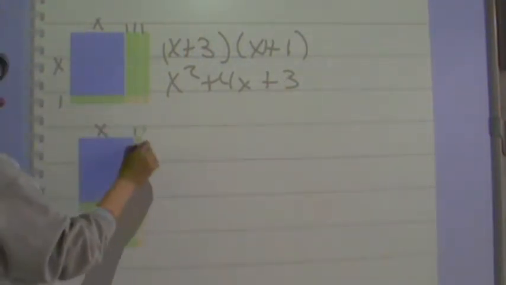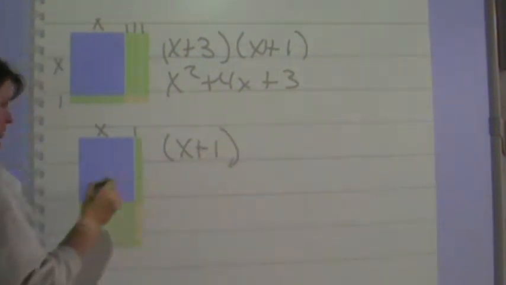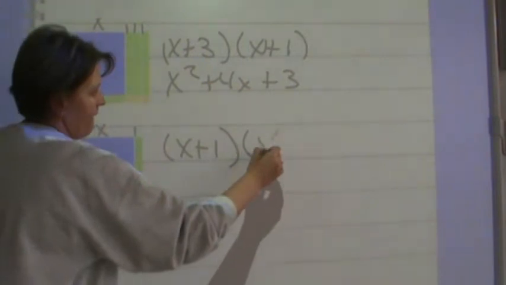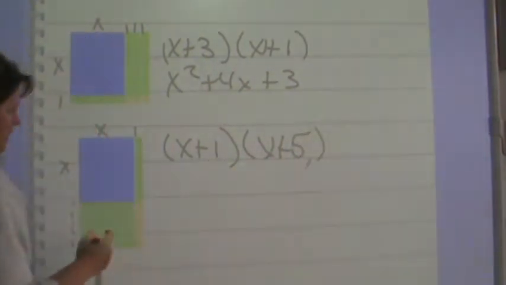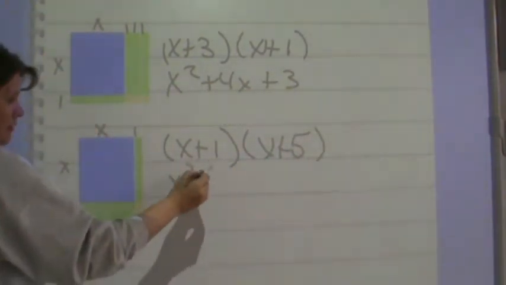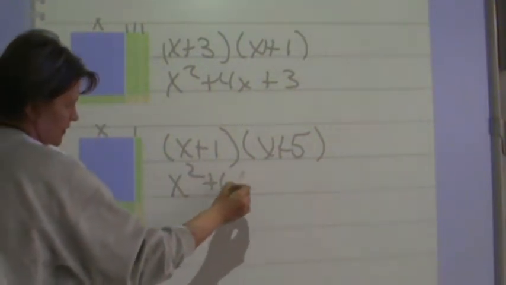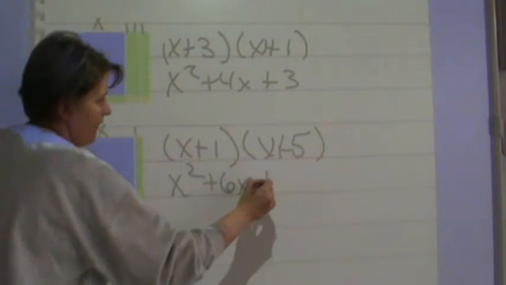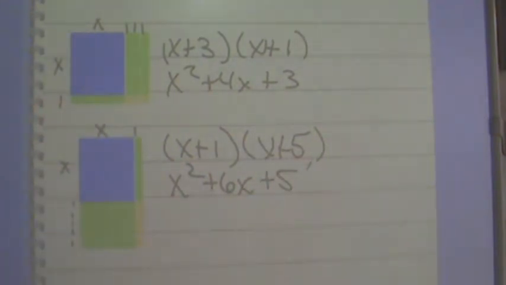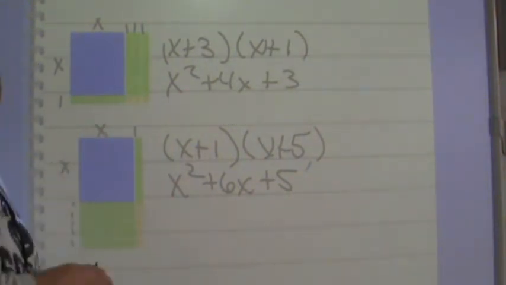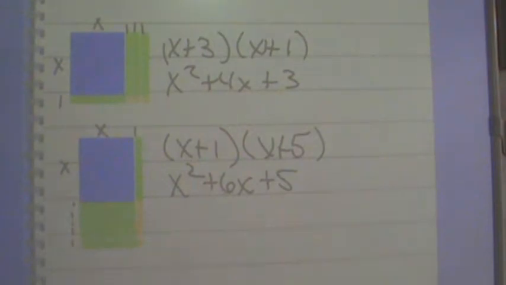Last one, x plus 1 times x plus 5. And then we've got x squared plus 6x plus 5. Okay, so now let's go to the next one and let's figure out how we can go from here to here without having to build a rectangle with the algebra tiles.